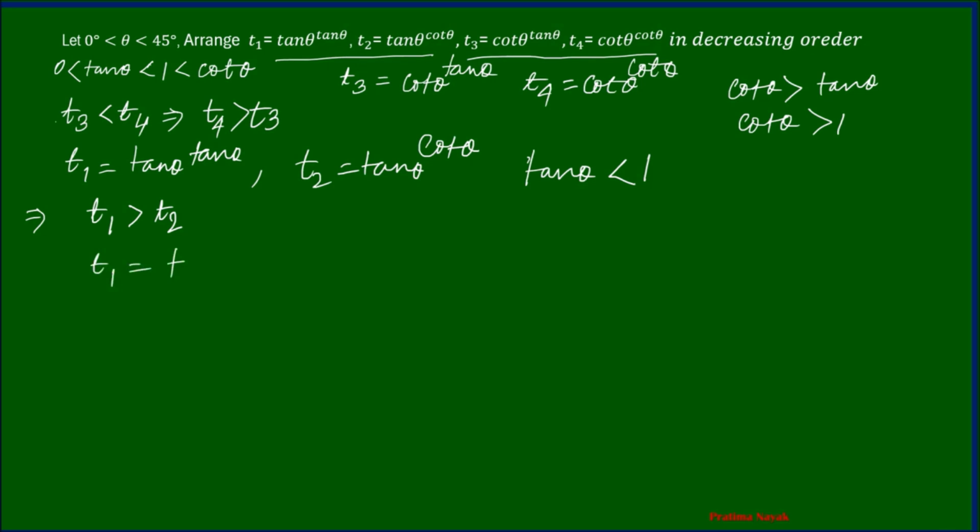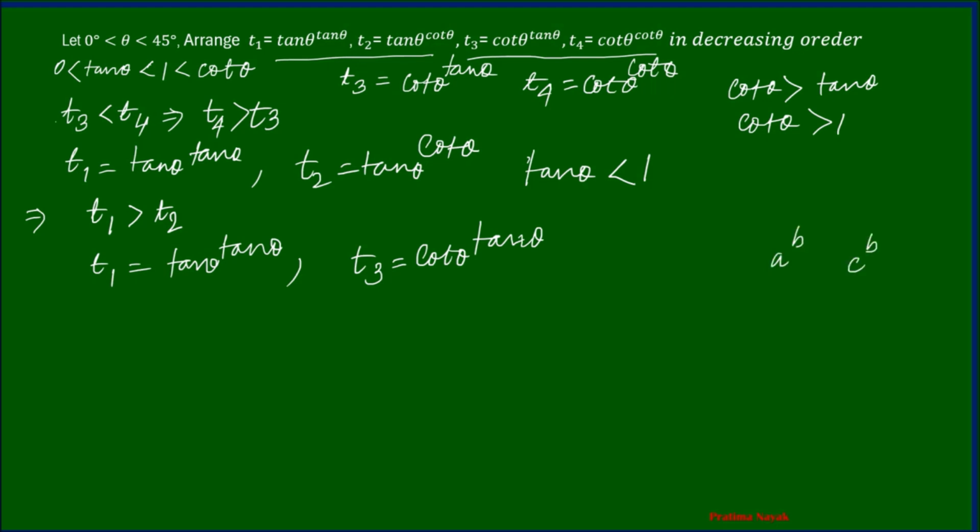T1 is tan theta power tan theta, and I'm comparing T3 which is cot theta to the power tan theta. So they have the same exponent, tan theta, and cot theta is greater than tan theta. So certainly T3 will be greater than T1 because they have the same exponent.